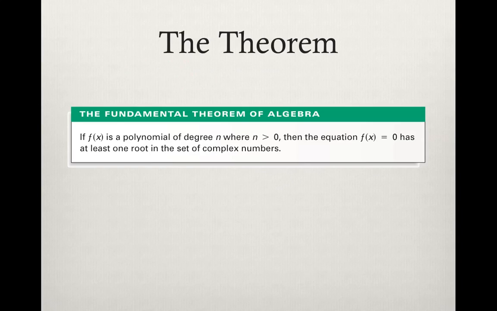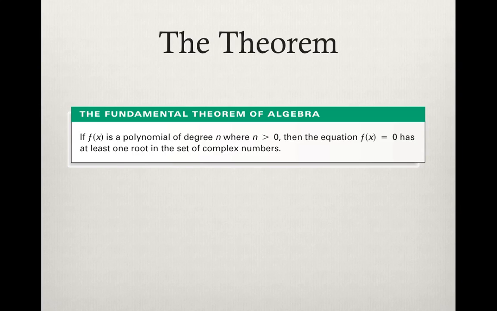Well, basically what it says is this. If f of x is a polynomial of degree n, where n is greater than 0, so that fits the definition of what a polynomial is, then the equation f of x equals 0 has at least one root in the set of complex numbers.